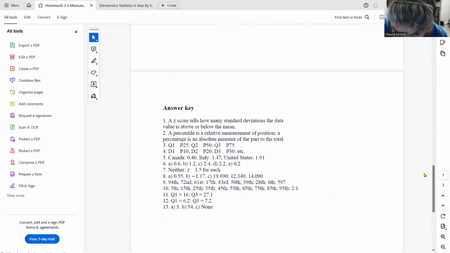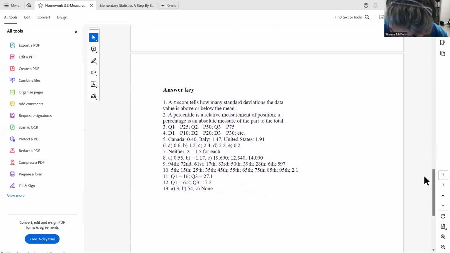If I scroll down here and I look at it, this is number of values below X. There are 9 answers for this. I believe there's a typo here.